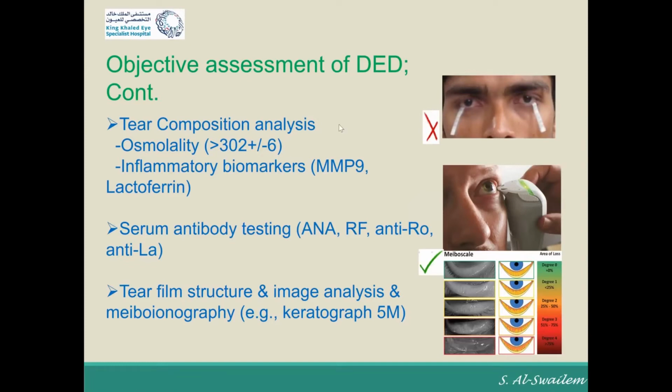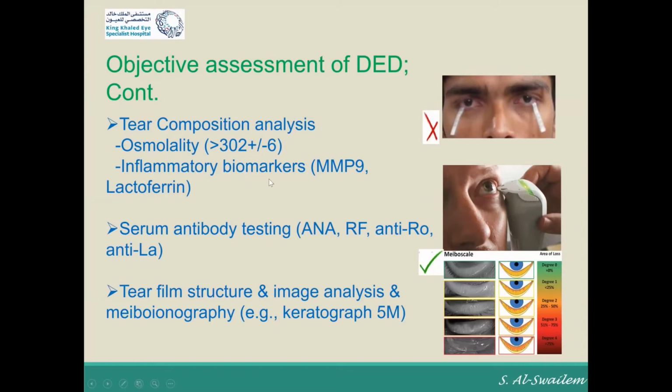Nowadays, the gold standard is what we call tear composition analysis. By performing a tear osmolarity, which has a specific number: if it exceeds 302, plus or minus 6, or there's a disparity between both eyes, and some inflammatory biomarkers.